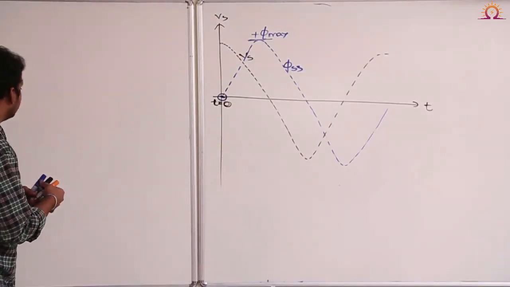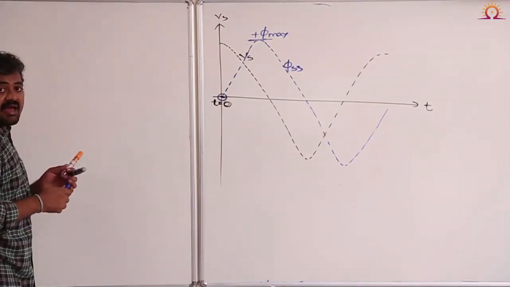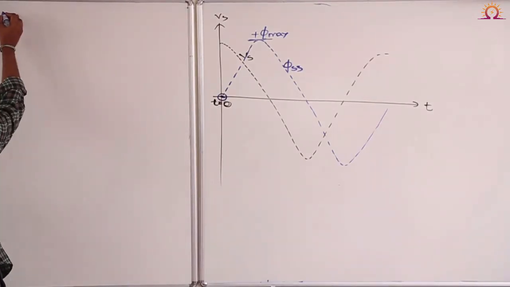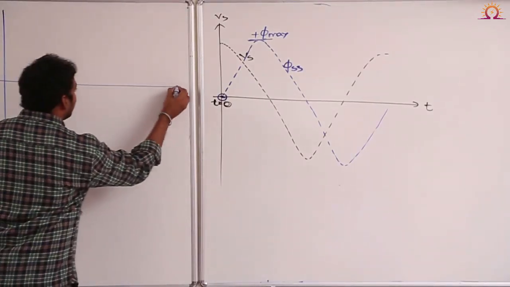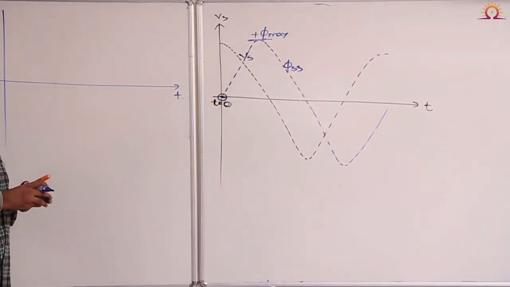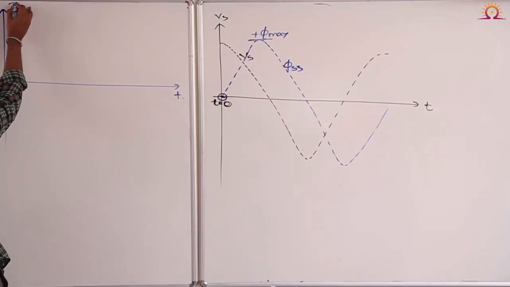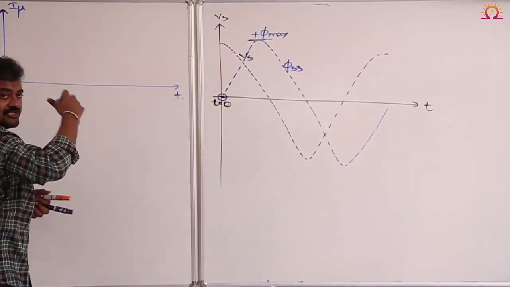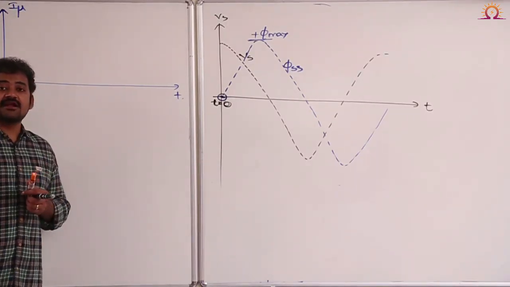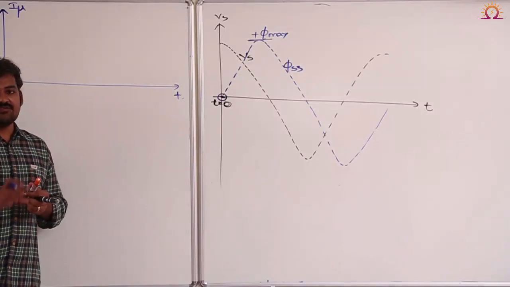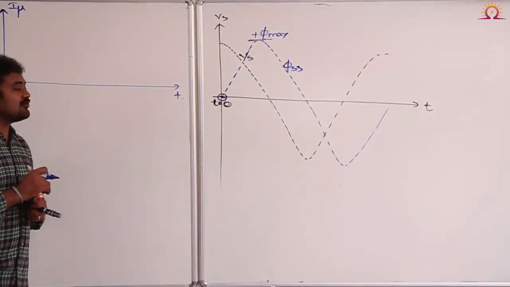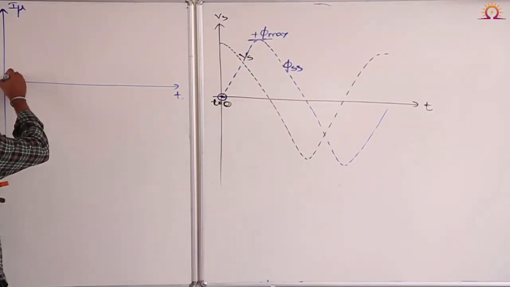So see the shape of the magnetizing inrush current I am trying to draw. It is a sum of the steady state current as well as the transient current, where the steady state current is sinusoidal and the transient current is exponentially decaying if it is a practical transformer. Therefore, the total shape of the current will be like this.